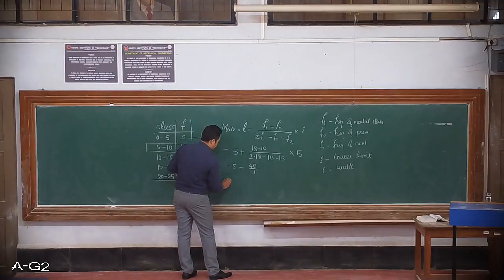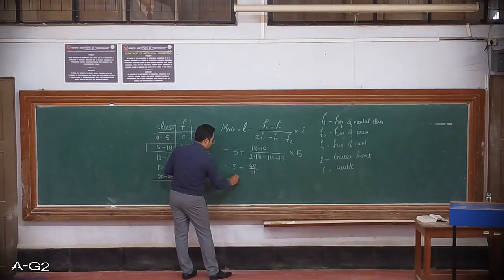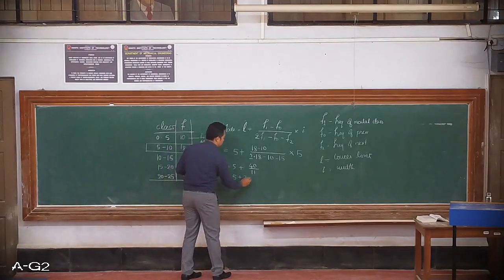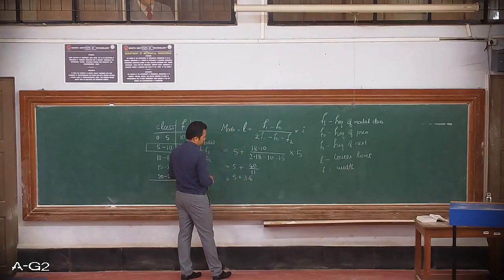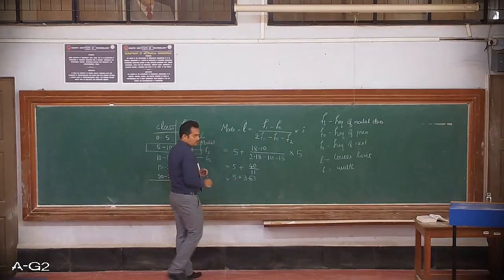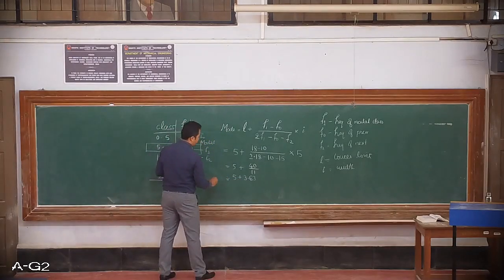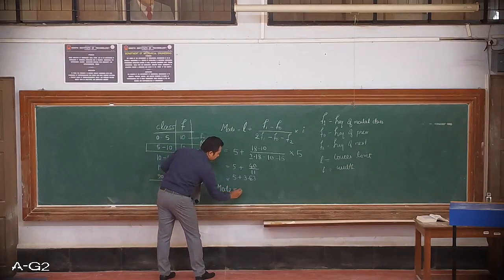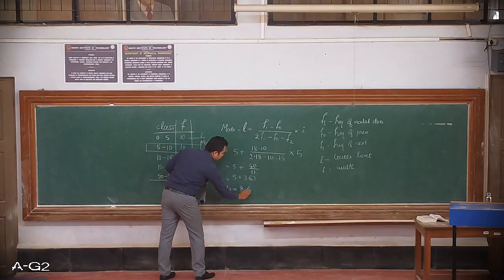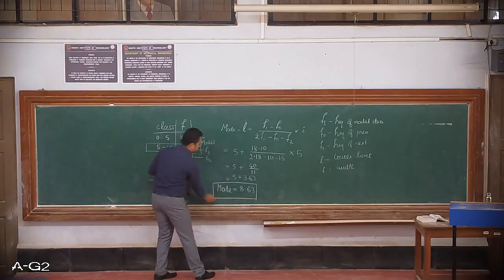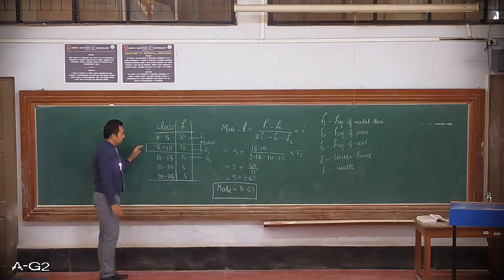Alright, so I have to calculate this fraction, so that gives me 3.63. So our mode value for this distribution is 8.63. So this is the value of mode we have calculated, which is coming in this class.